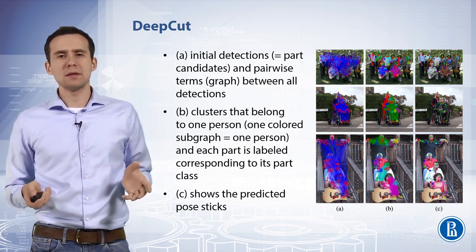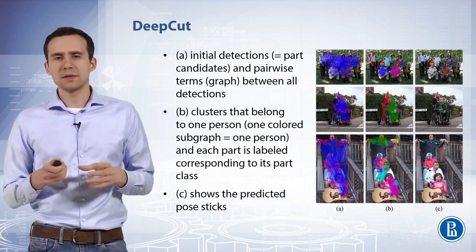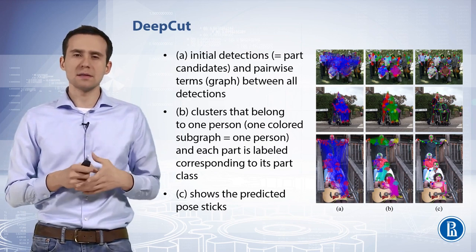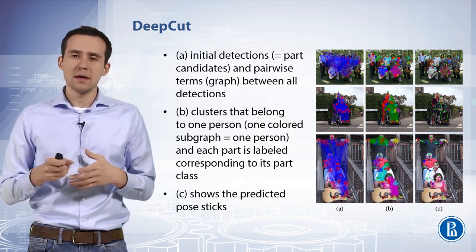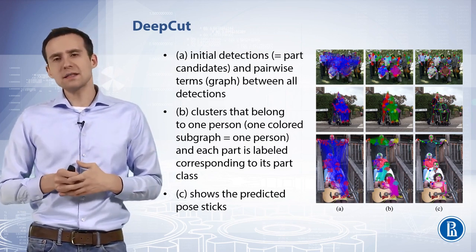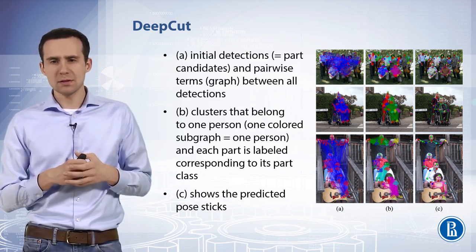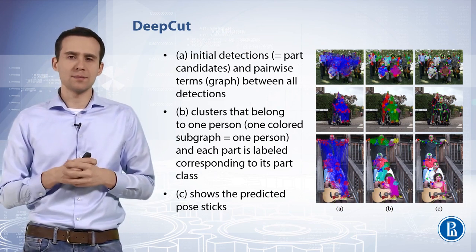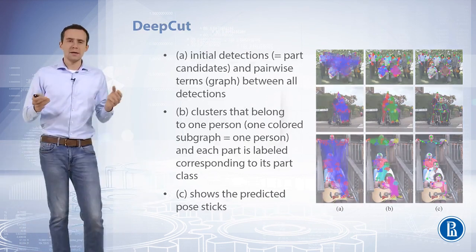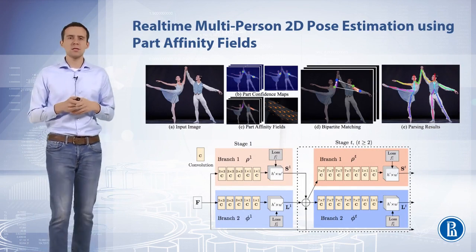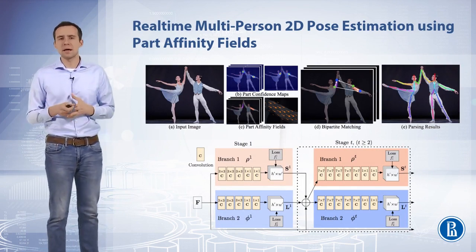There was an attempt to build on DeepCut with stronger part detectors based on residual networks and image-dependent pairwise scores. That vastly improved the runtime, but the method still takes several minutes per image, with a limit on the number of parse proposals. Now let's talk about the state-of-the-art multiple pose estimation method that works in real time.